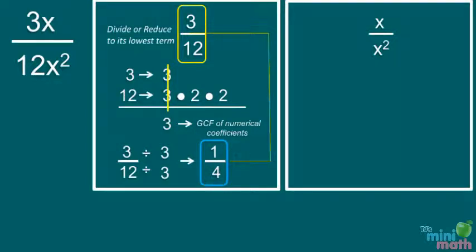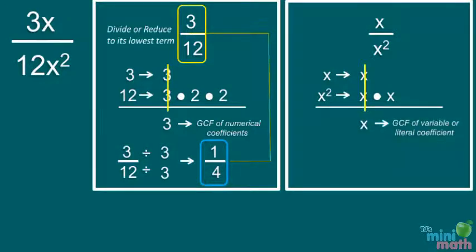Now let's proceed to the literal coefficient. To get the GCF of the literal coefficient, we are going to use prime factorization. So you have your x for x and x times x for x squared. And bring down the common factor, which is x. Siya lang isa, no?